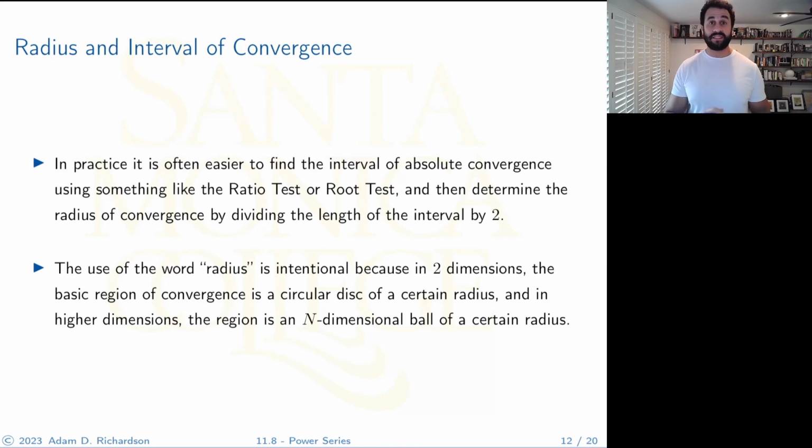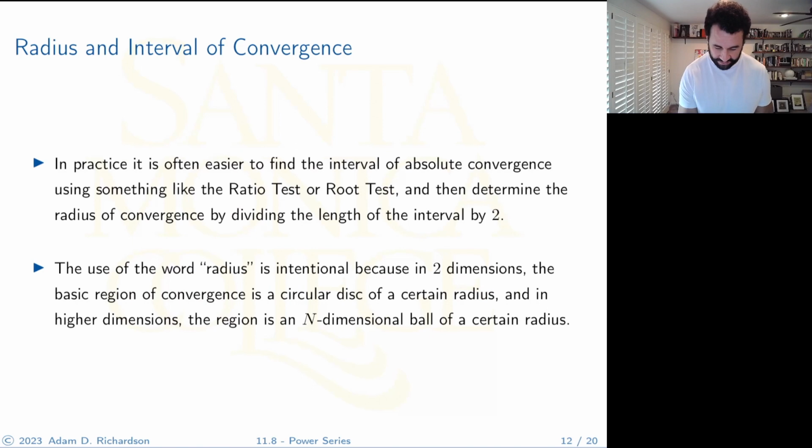The other thing I want to say is this, because this is one of the things that I like about math. The word radius is a very, very intentional choice. The reason is that when you're looking at power series in 2 dimensions, meaning there are 2 variables involved, then the basic region of convergence is a circular disk of a certain radius.